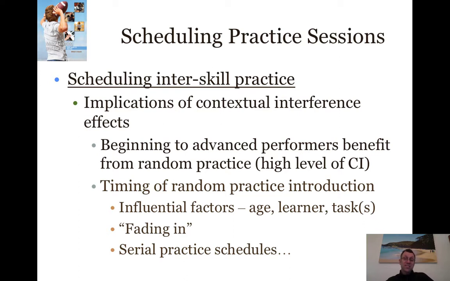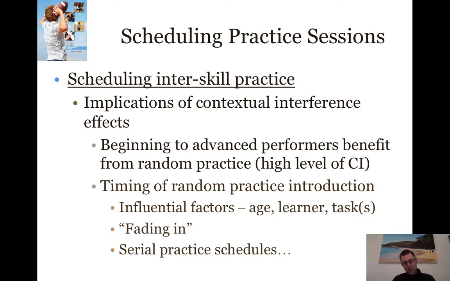Block practice has its advantages. They get the idea of the movements, the idea of the environment and those kinds of things. But at some point, you want to start introducing contextual interference. The age, the actual learner, and the task itself matter: the more complex the task, the longer you might wait to introduce contextual interference. The concept of fading in contextual interference is a pretty common practice.